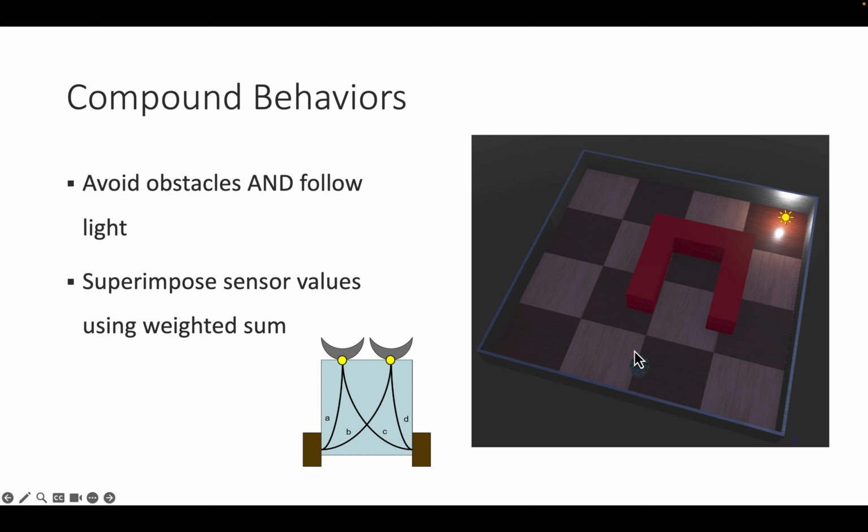Now we might be interested in having not just avoidance, but light following, like you saw on the tortoise. And what we can do in a computer is we can just superimpose the different sensor values using a weighted sum. For that, I took a Braitenberg vehicle and I added two other sensors, which are the light sensors.